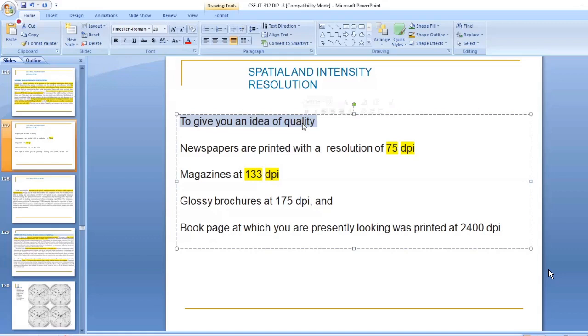Okay, now this newspaper is using 75 DPI, magazine is using 133 DPI, and this glossy is using 175, and our page of book is 2400 DPI.